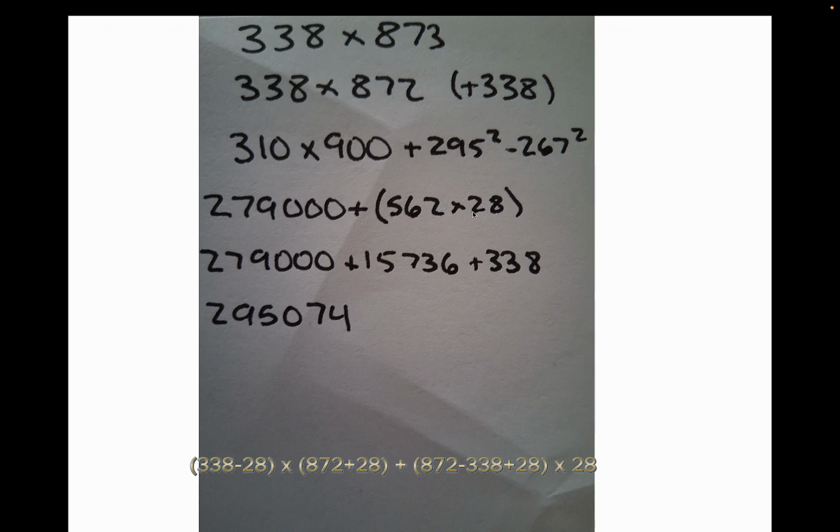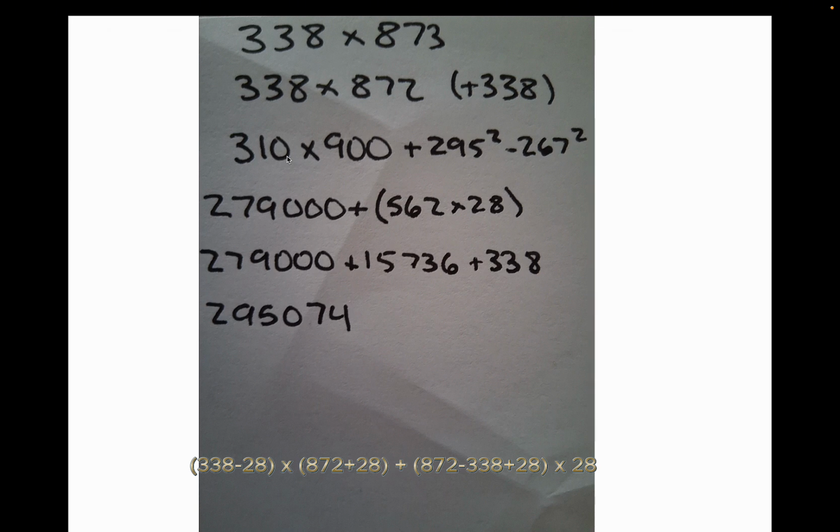Now, this didn't make the question that much simpler. I've turned a 3 by 3 into a 3 by 2 and a 2 by 1, which isn't necessarily that much simpler. But when I look at these numbers, this appears to be a much simpler calculation. We just have 31 times 9, and then we have 562 times 28.